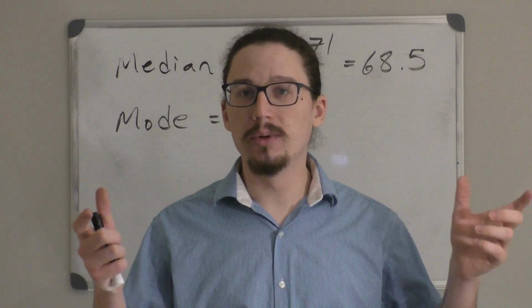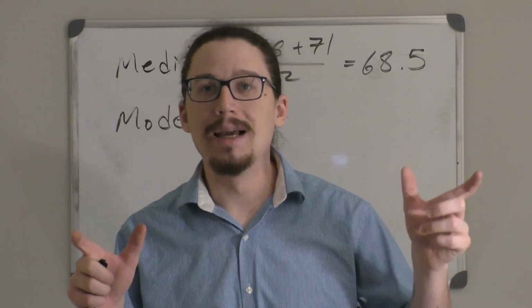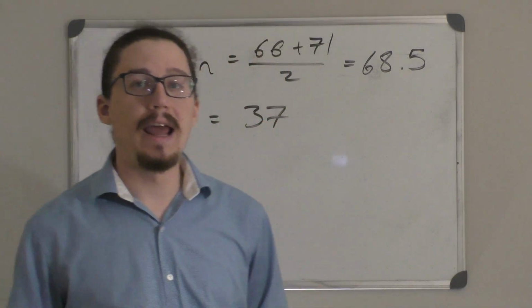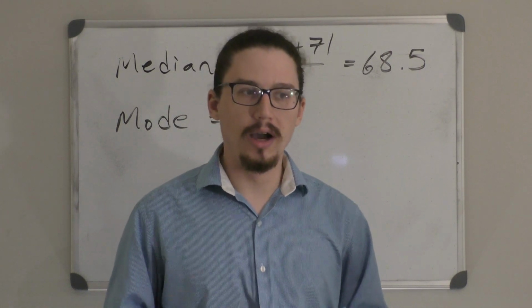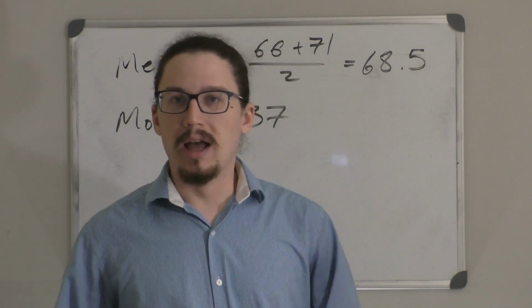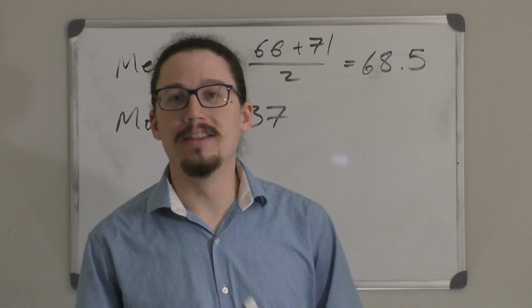When we're looking at the mode, we can have more than one. If we have two numbers that appear most frequently, so let's say that they occur 3 times each, and that's the highest out of any of the other ones, we can have 2 or more modes.